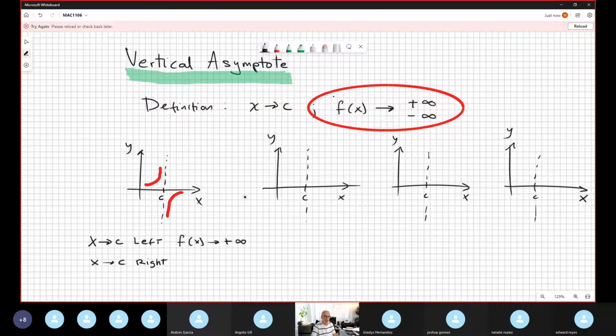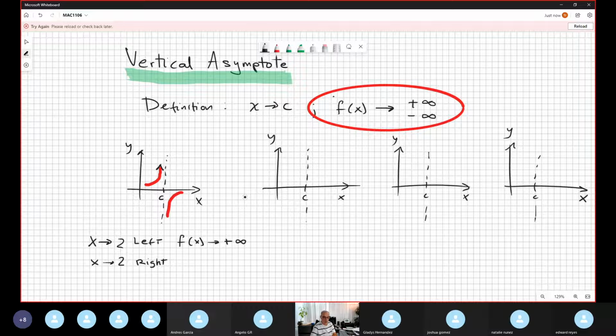Look at that, because the y value is going up to positive infinity. However, in this scenario, to the right with respect to what? The point C. Suppose that C is 2, to see more clearly.